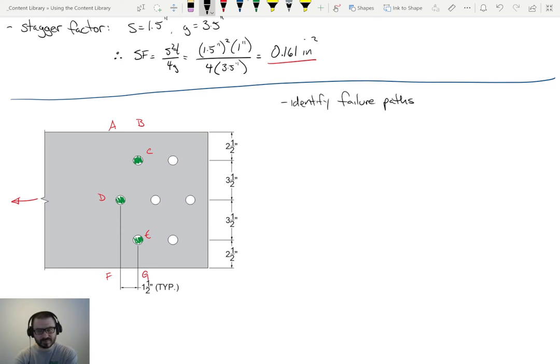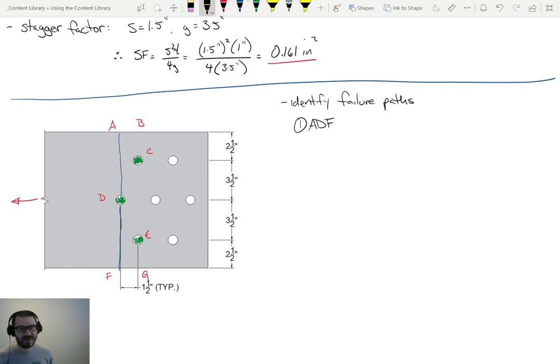What we now need to do is identify failure paths. What I mean by identifying failure paths is identify mostly perpendicular paths that go through this lead line of bolts that keep all of the bolts intact and fail the plate along the lead line. So a simple one would be ADF. Okay, so that's one.